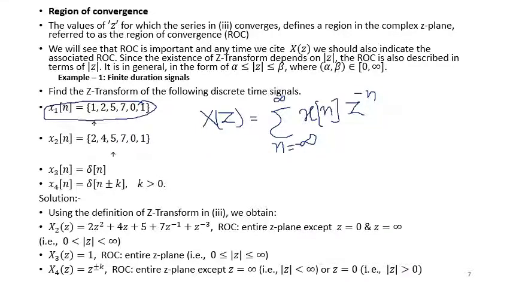Okay, so this starts with 0. At n equals 0 is a value 1, so we can straight away write these values.